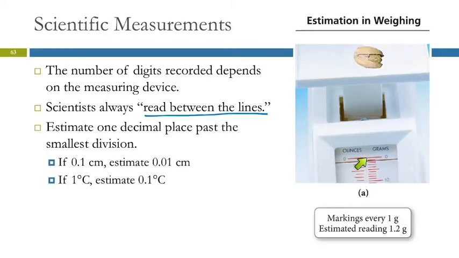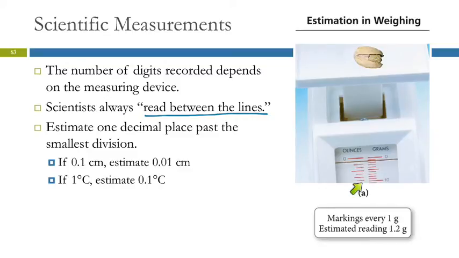So this big line here is marked 0, and this one's marked 10. And if you count in between, we can figure out that each line represents 1 gram. So what we want to do is read between the lines. The smallest division is 1 gram. We're going to estimate between.